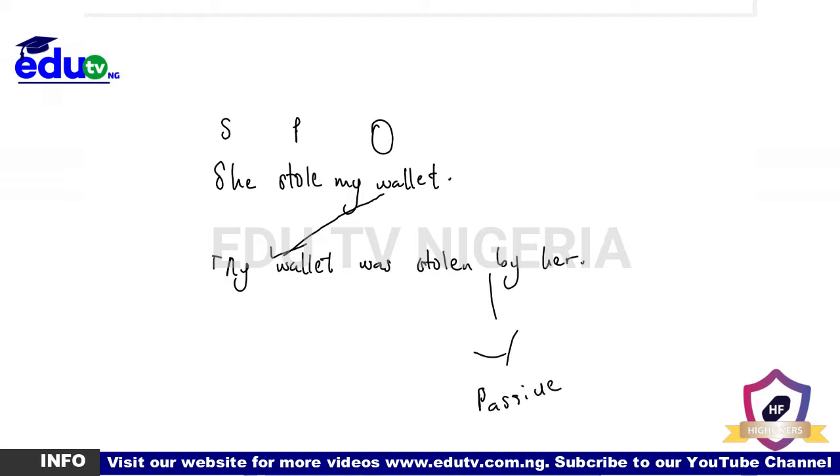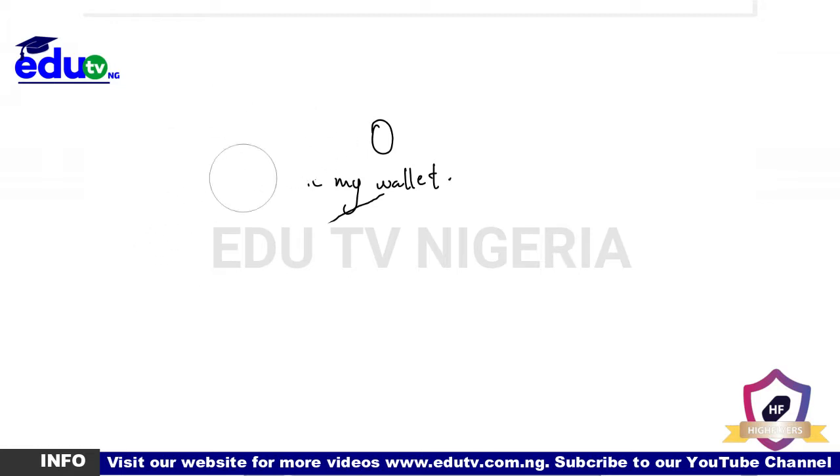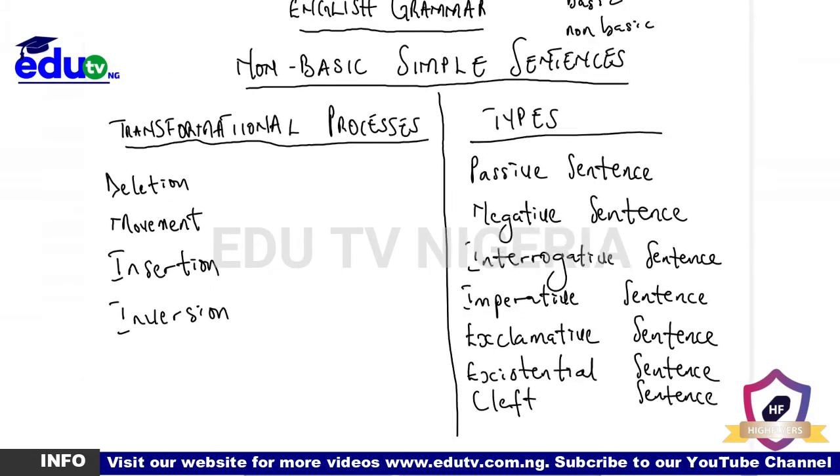So for me to have a passive sentence, I am moving the object of the active sentence to the position of the subject. Just like for me to have an imperative sentence, as we had in the other one, I'm deleting something that should have been the subject of the main sentence, and then I'm able to form another non-basic simple sentence, which is called an imperative sentence. Do you understand that? So that's another transformational process that occurs in the formation of non-basic simple sentences.